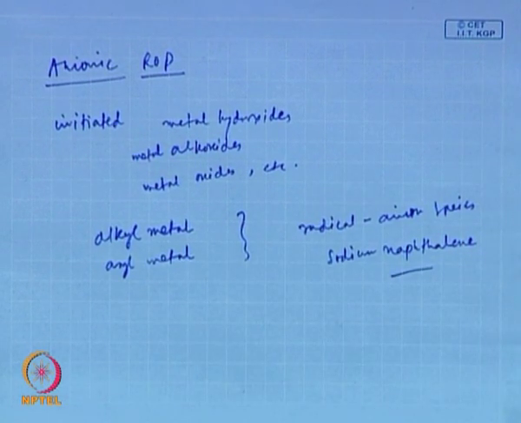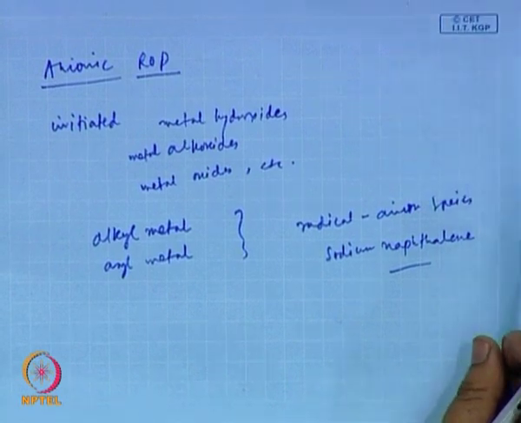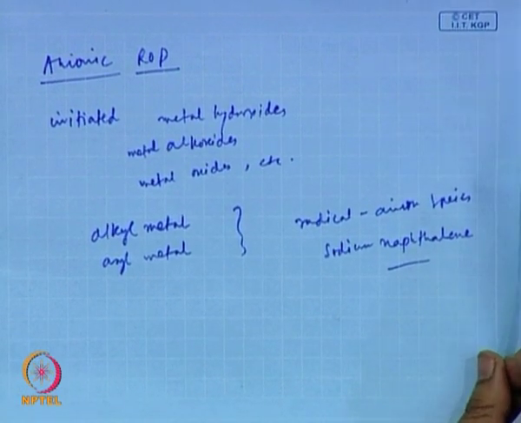These are the same types of initiators as we talked about in our discussion on anionic chain polymerization.